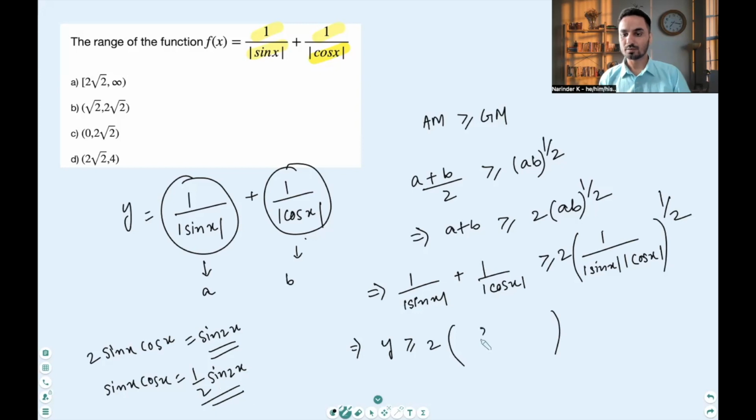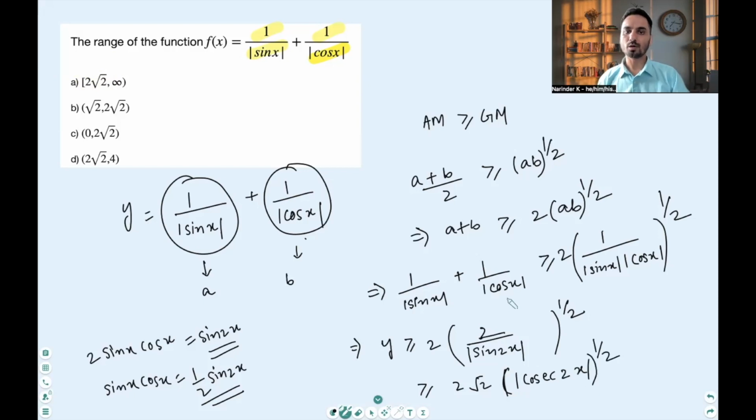So it will be 2 over modulus sine 2x, raised to the power half, which can be written as y greater than or equal to 2 times the square root of 2 times the modulus of cosec 2x, all under a square root.